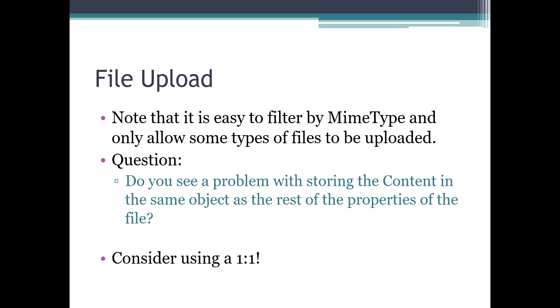And if we don't, then we don't actually have to pull all that massive amount of data out of the database, which we probably aren't even going to try to display on the screen because it's actually not in a form that we can display in many cases, right? So yeah, we don't want to pull that out unless we really do want to include it. So we're going to store it always in a separate object for the most part. Okay? All right, so that's the end of my little slideshow there.